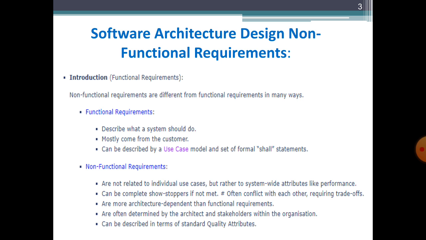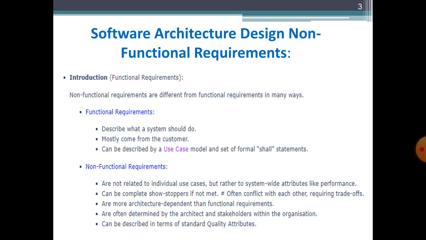Now the second is non-functional requirements. Non-functional requirements are those which are concerned with the characteristics of the system. They are hard to measure and hard to achieve. Quality requirements are non-functional requirements. And what are quality requirements? They are the quality attributes, which refer to any measurable characteristics of a system, like reliability, portability, and availability.